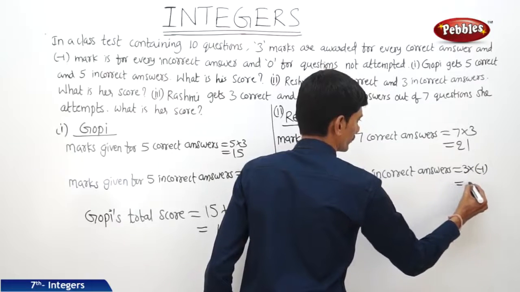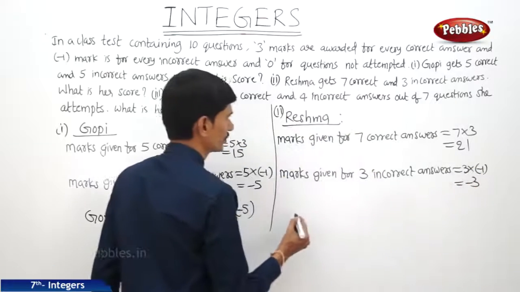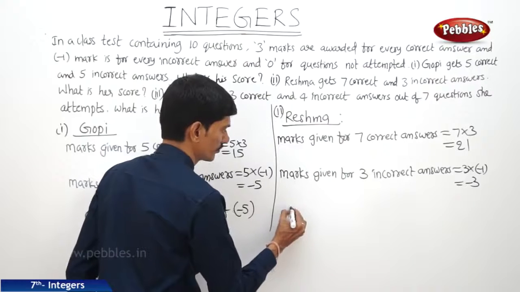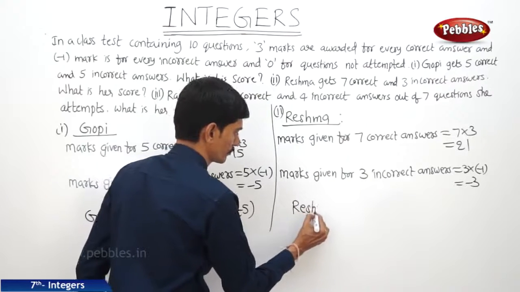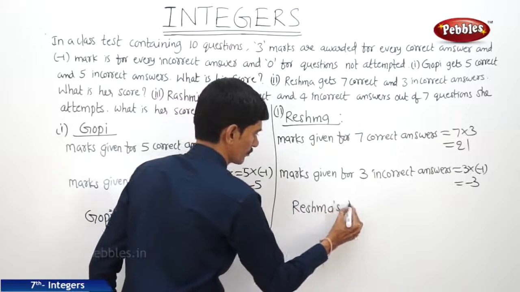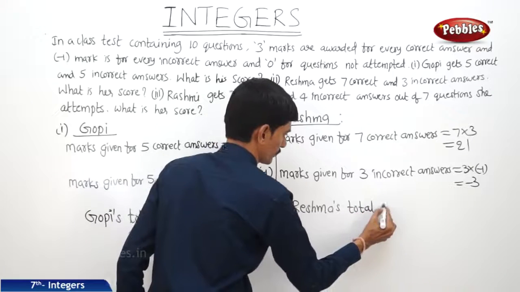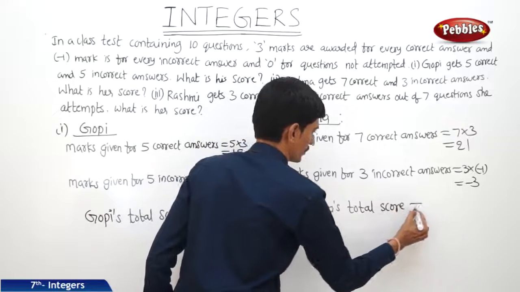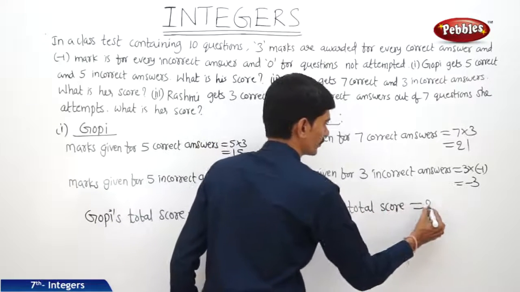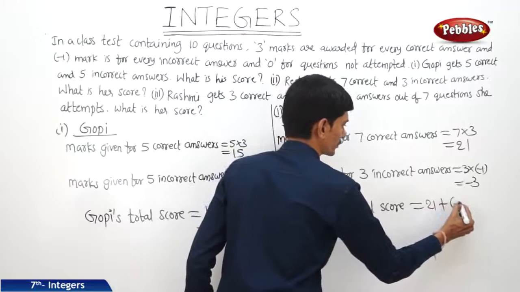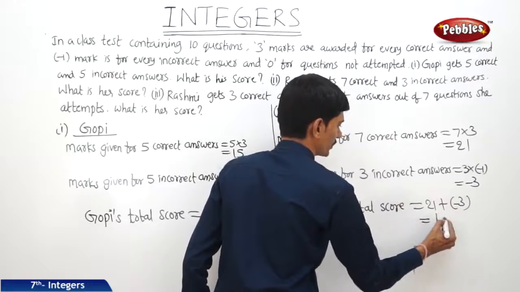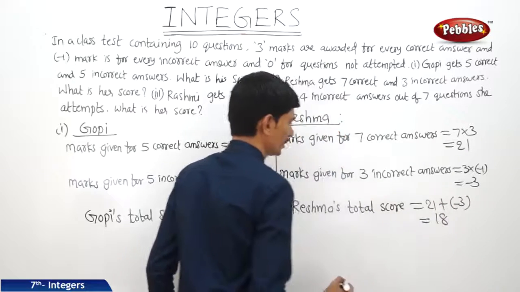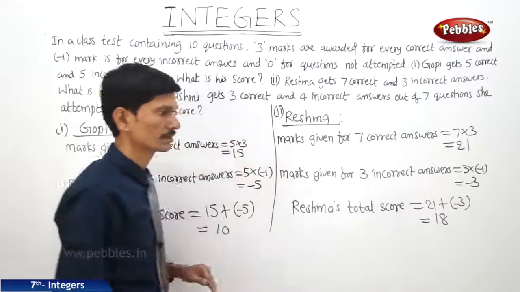So this equals minus 3. Now Reshma's total score equals 21 plus minus 3. So this equals 18. Now she got 18 marks in her test.